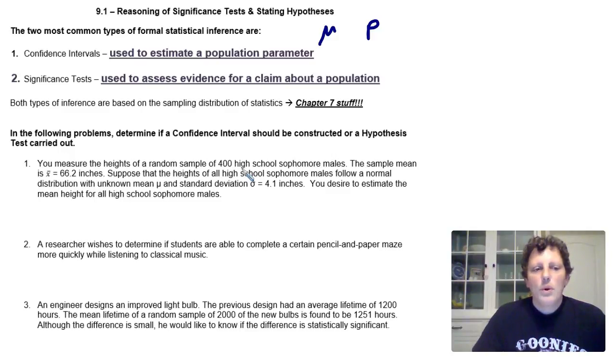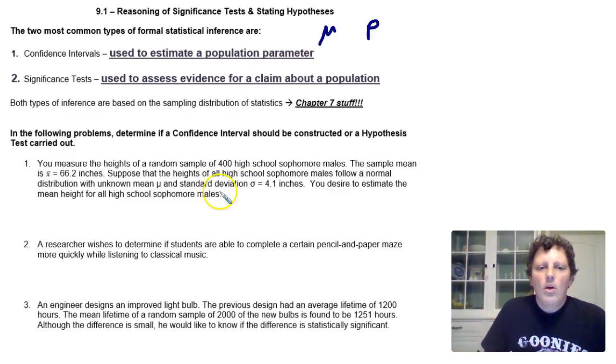So we've got a few questions here where we just want to decide, is this a confidence interval or a hypothesis test? Should we do a significance test or a confidence interval? Number one, you measured the heights of a random sample of 400 high school sophomore males. The sample mean is 66.2 inches.